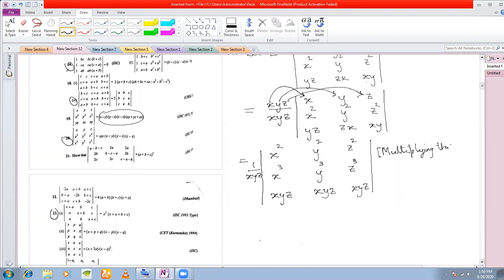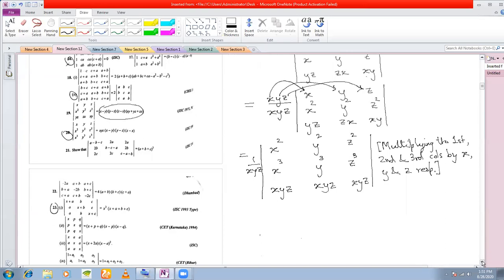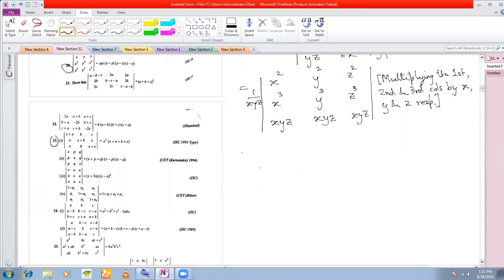The first, second, and third columns by x, y, and z respectively. Okay. Next, what should I do?